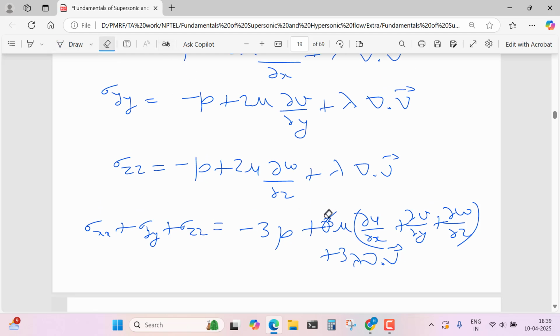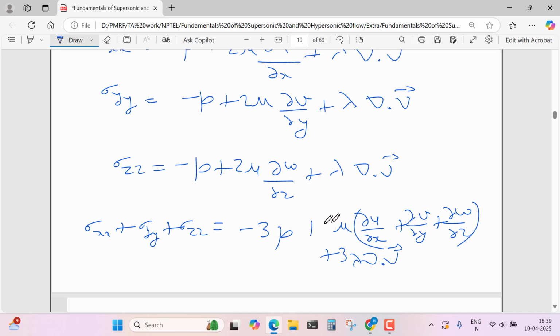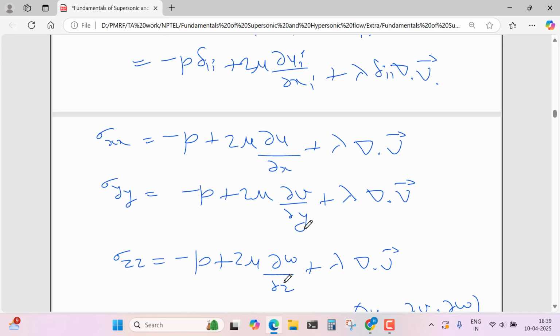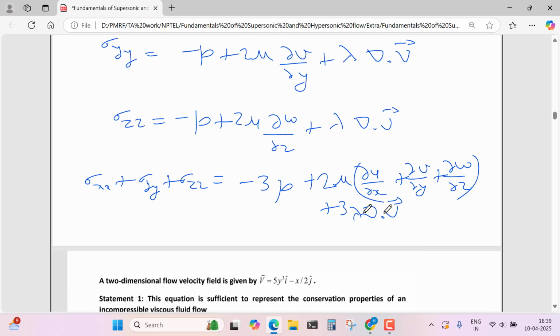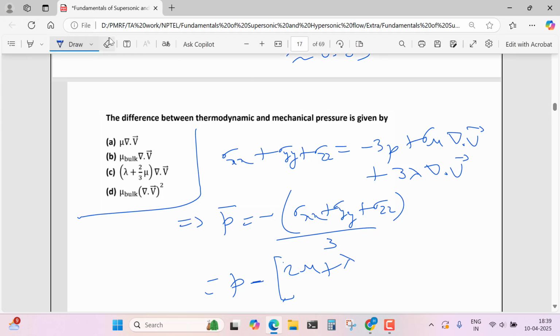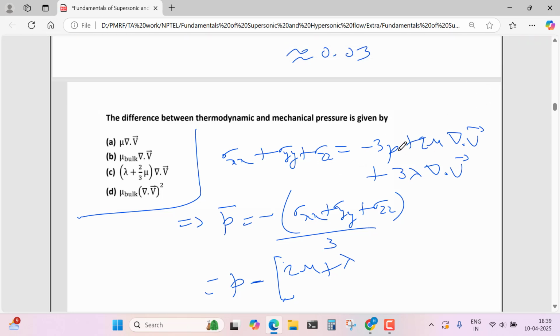This is not 6 mu, this is 2 mu, because we are keeping 2 mu common. So here also it is 2 mu. So we will get (2 mu by 3 plus lambda) del dot V.